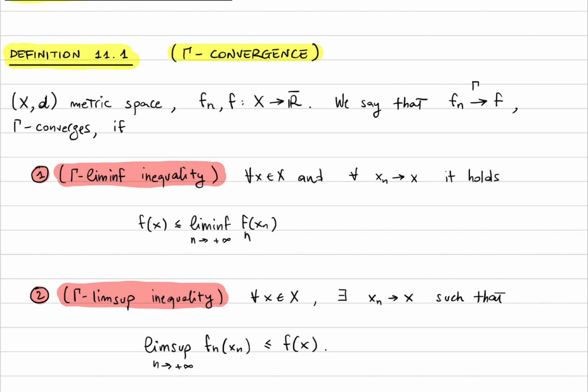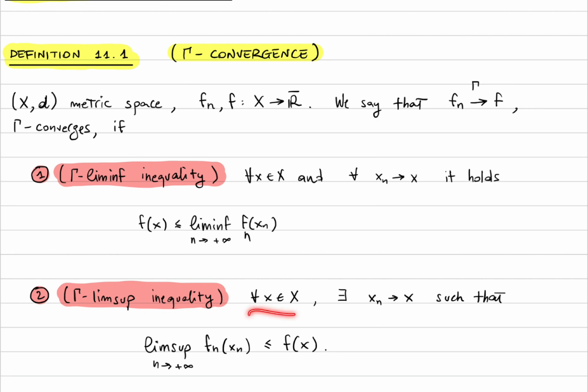So you have to evaluate f_n at the corresponding point in the sequence x_n converging to x, and then you take the lim-inf. If this lim-inf is larger or equal than f of x, then we say that the gamma lim-inf inequality is fulfilled. And the second condition is the gamma lim-sup inequality.